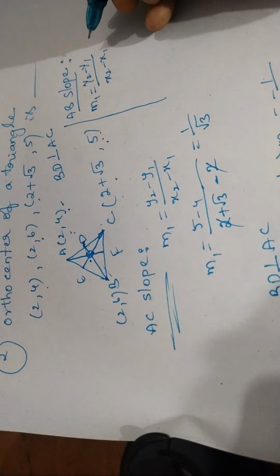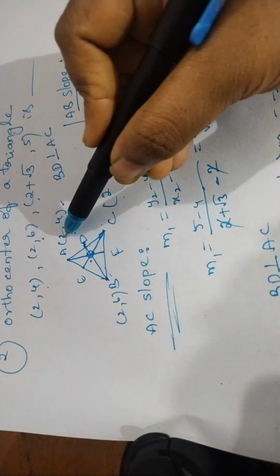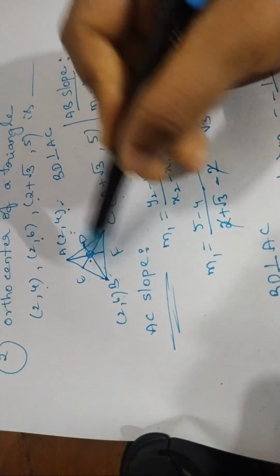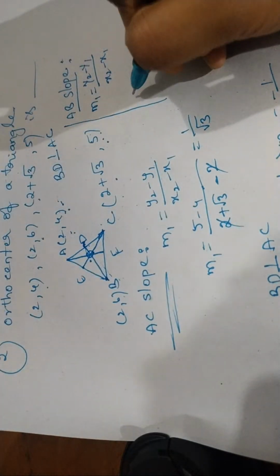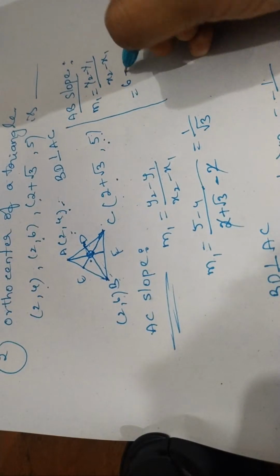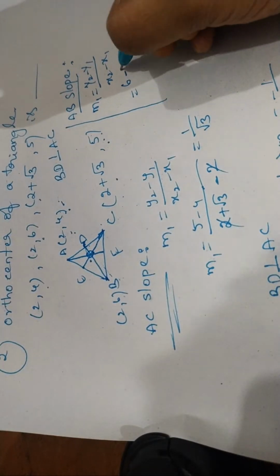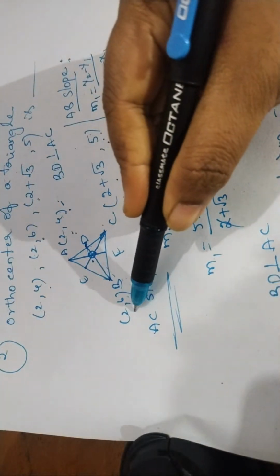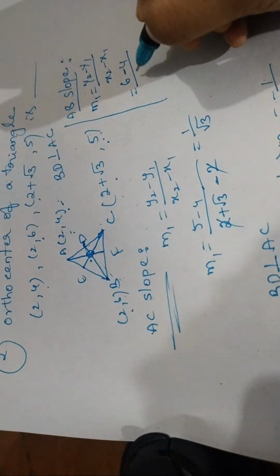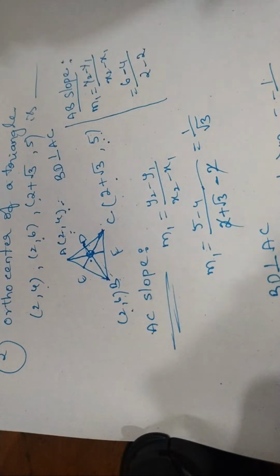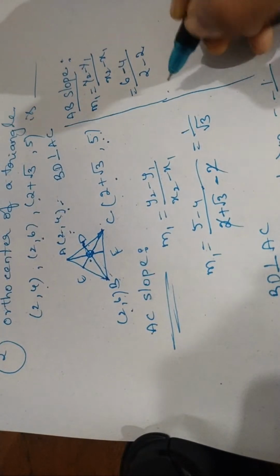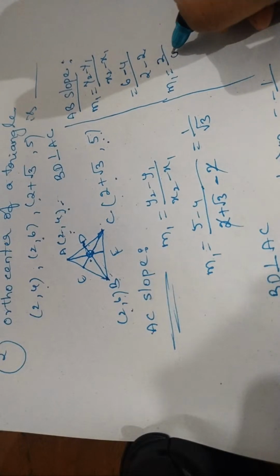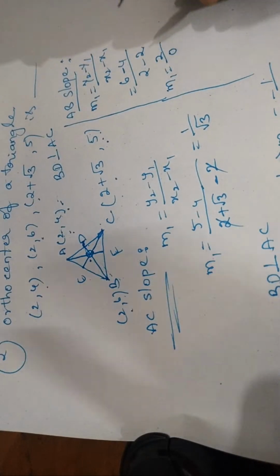So I will consider here X1, Y1, X2, Y2. Y2 minus Y1 is 6 minus 4, divided by X2 minus X1. X2 is 2, X1 is 2, so 2 minus 2 is 0. So M1 is 6 minus 4, that is 2 by 0. Keep it like this only.